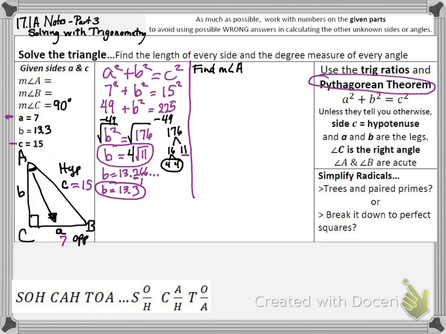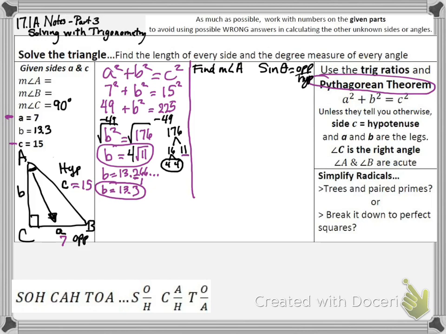The one trig ratio we know that uses opposite and hypotenuse is sine. And so the sine of an angle is always equal to the opposite over the hypotenuse. If you're looking at your sohcahtoa, that's that part right there. Okay.